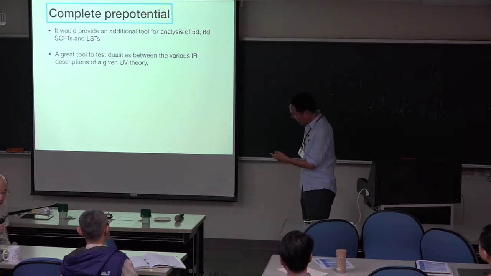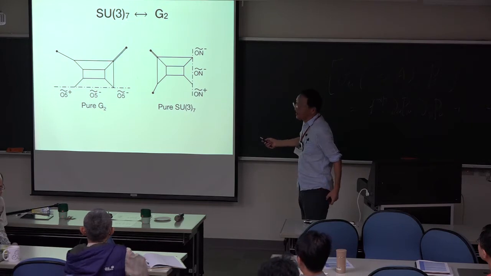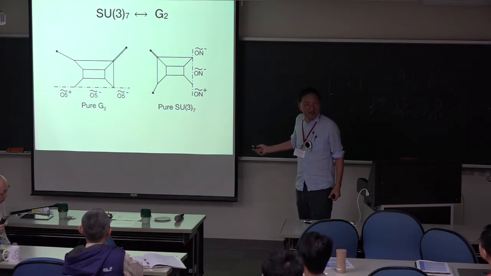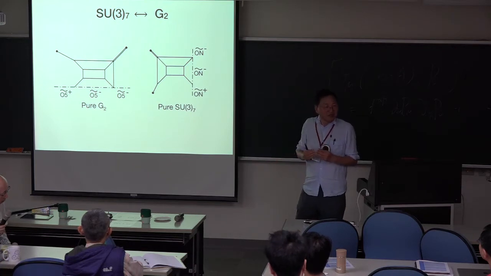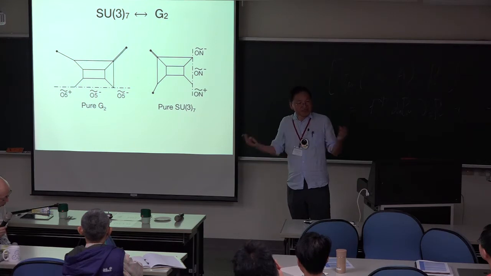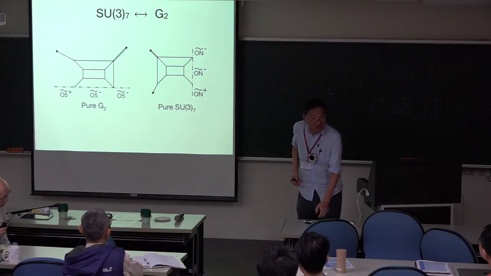So, for example, for some 5D theories, the L3 KB series 1007 is dual to the G2 KB theory. Both of them have the same UV fixed point, and again, this complete prepotential gives a very natural way of going back to these two transformations.